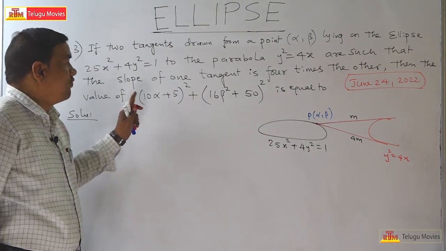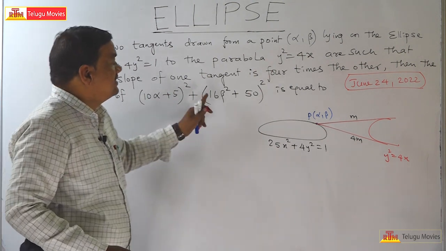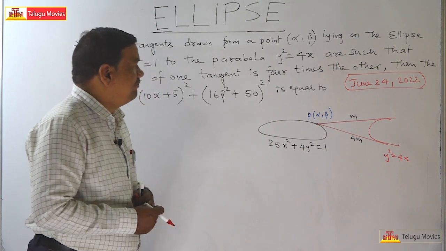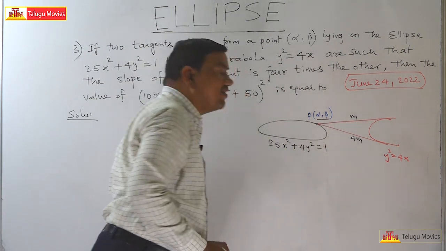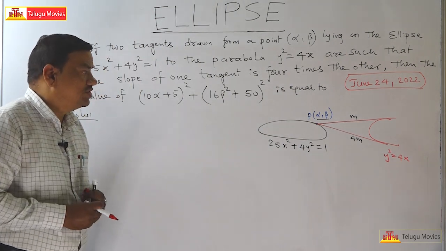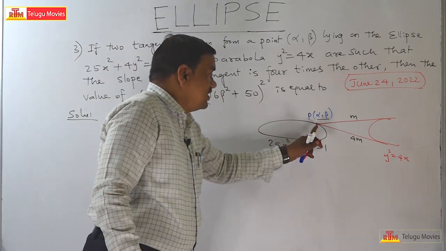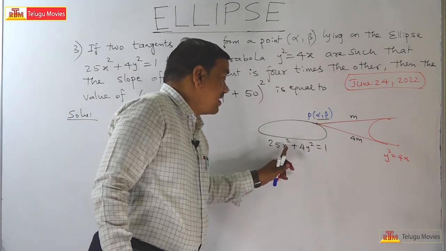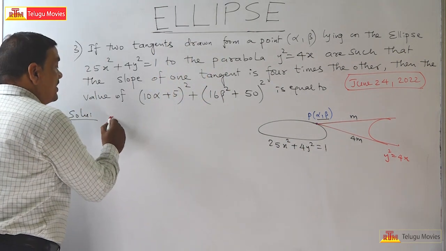Then he asks us to find (10 alpha + 5)² + (16 beta + 50)². So, our problem lies in finding the values of alpha and beta. Then how to proceed with this problem? The first thing is, this point P (alpha, beta) lies on the ellipse.